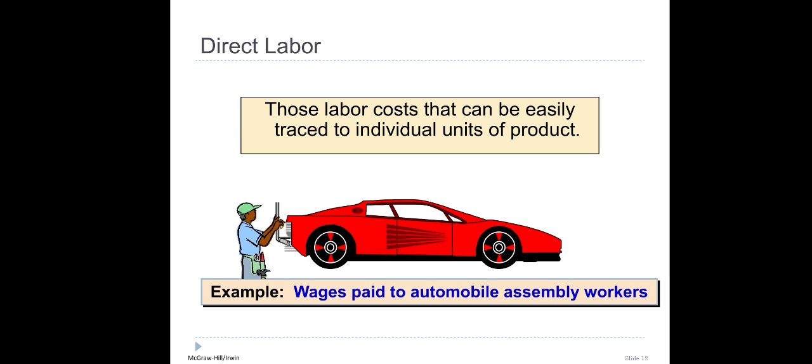But people like janitors, security guards, engineers, supervisors, they are workers in a factory or in a business, but they are not direct labor. They are called indirect labor. They are working in a factory or a business, but they are not involved in the assembly of the product. So these workers are called indirect labor. In a later slide, you will know the definition of indirect labor.